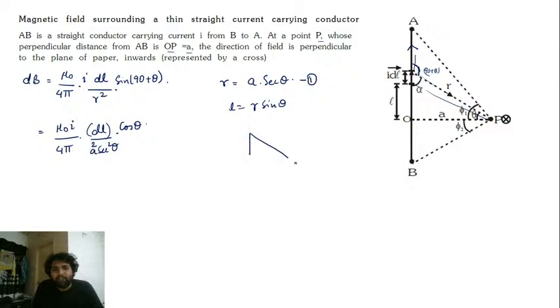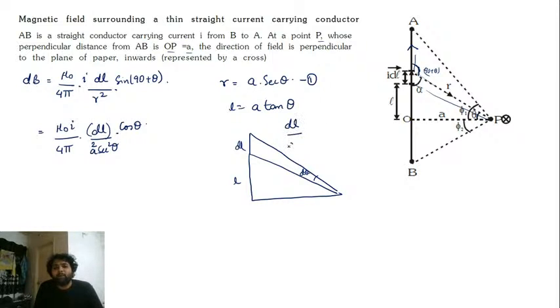So dl is given like this, right? Let this be d theta, this be dl and this be l. So what do we know about the relation between l and r? We know l is r sin theta. You can also write l as a tan theta. l is written as a tan theta.